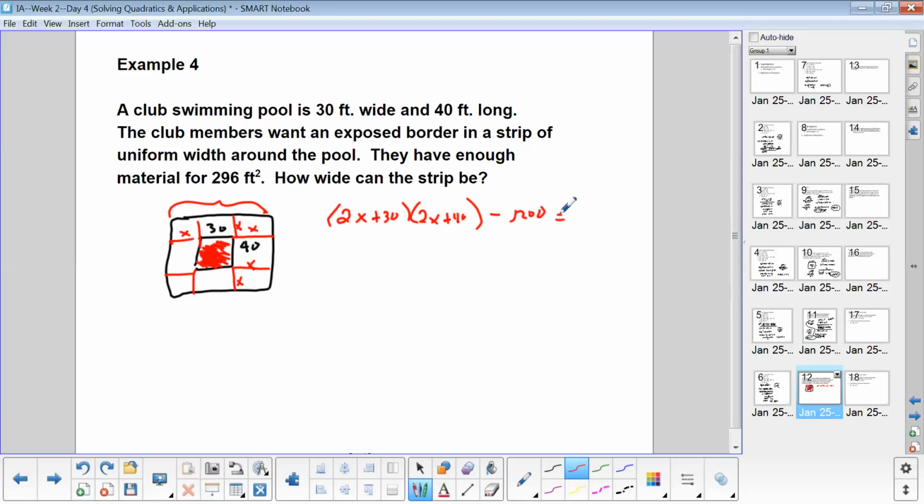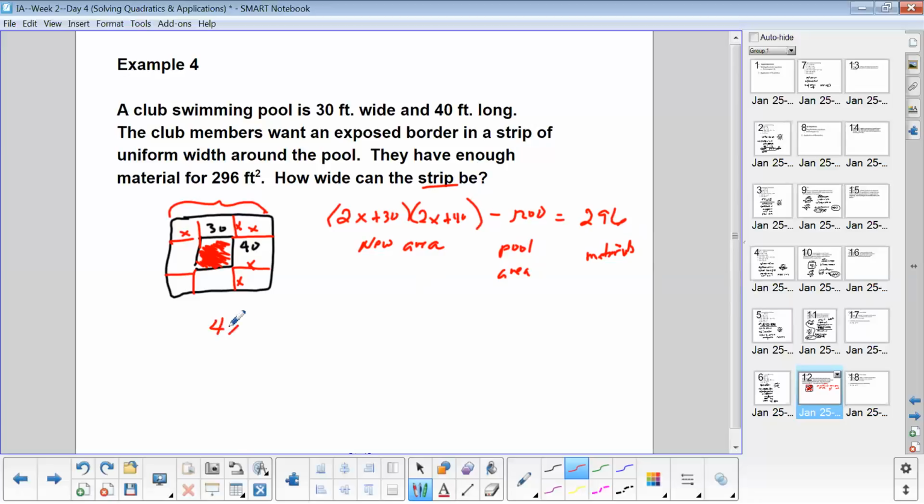And the materials that I have are 296 square feet. So what I have here is the new area, and this is the pool area, and these are the materials for the strip. But what I need to do is simplify, so I need to multiply all these out.